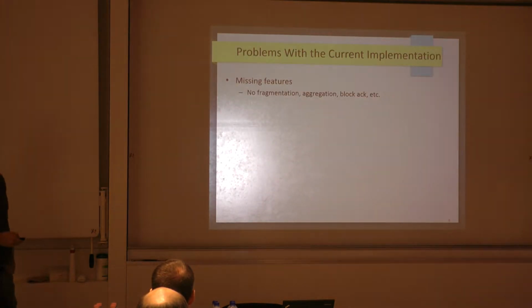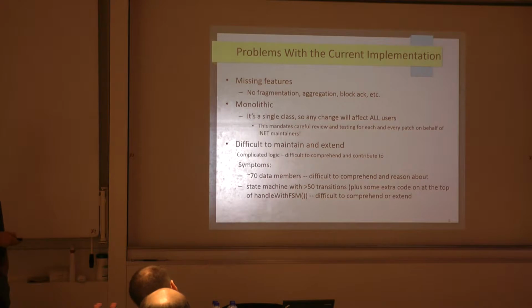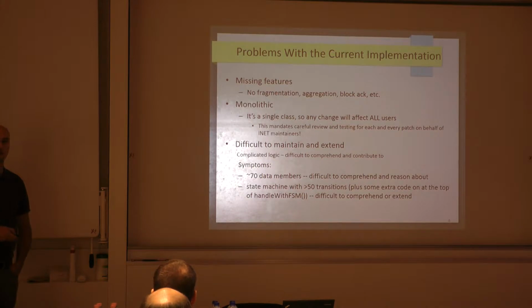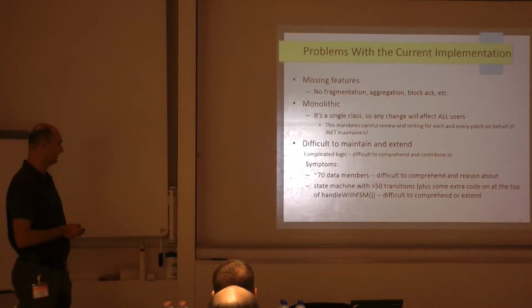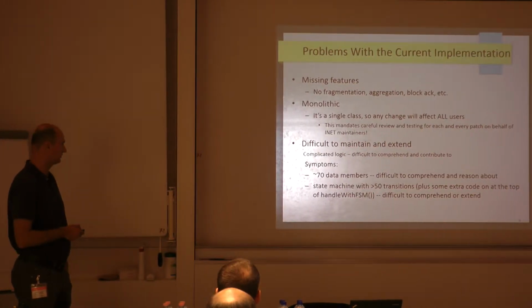So, what are the problems with the current MAC implementation? Well, there are tons of missing features that everybody knows. It's monolithic, a single class, so if you change anything in it, everyone will be affected, and validity is put at risk. It's also difficult to maintain and extend, because it has complicated logic.